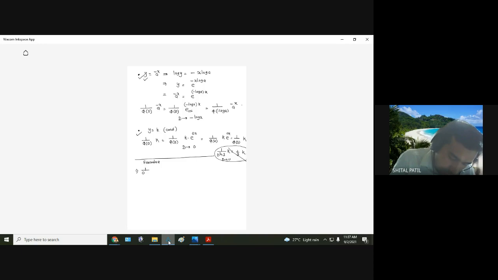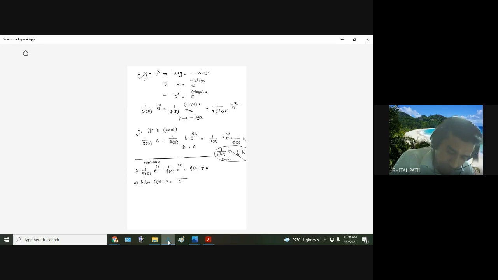1 upon phi of d operated on e raised to x. So 1 upon phi of a, e raised to x, provided phi of a is not equal to 0. Okay. Second, when phi of a is 0, what is to be done?